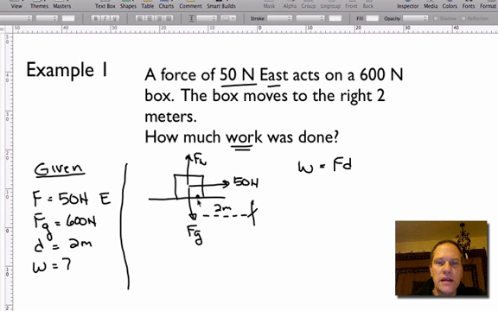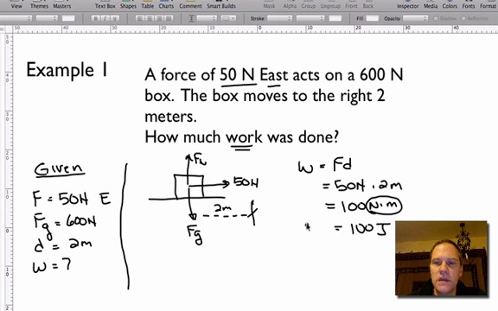It's moving to the right, so we need to use the 50 newtons and the 2 meters. So we end up with a force of 50 newtons times 2 meters, giving us a work done of 100 Newton meters, and that 100 Newton meters is a joule. So the work done then is 100 joules.